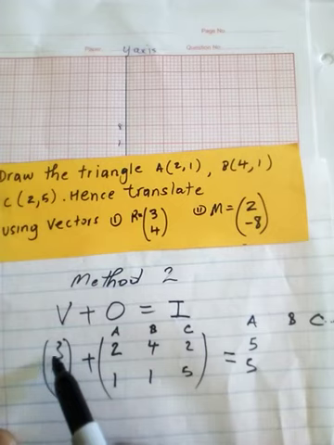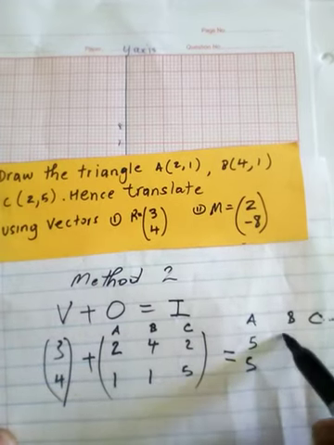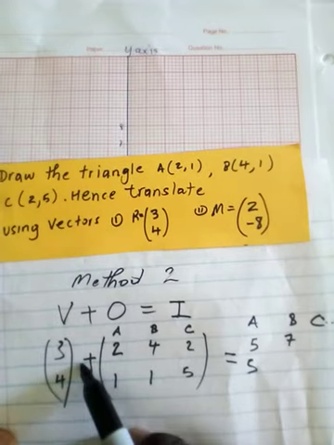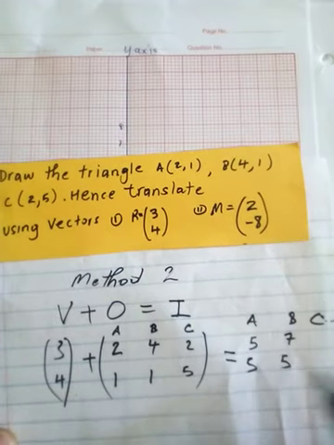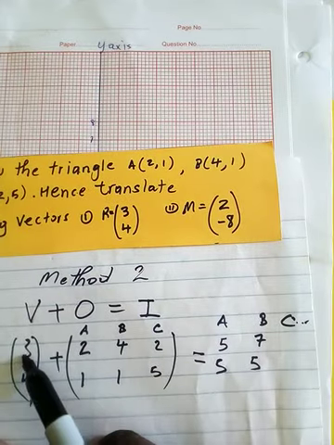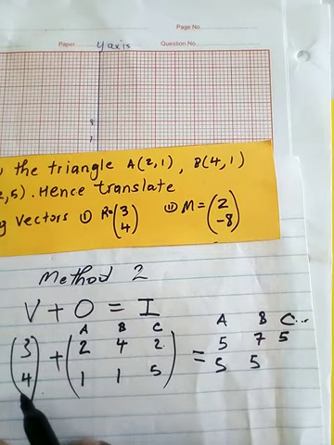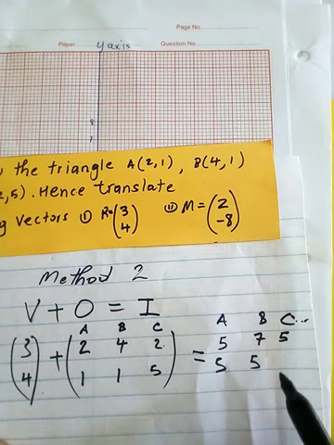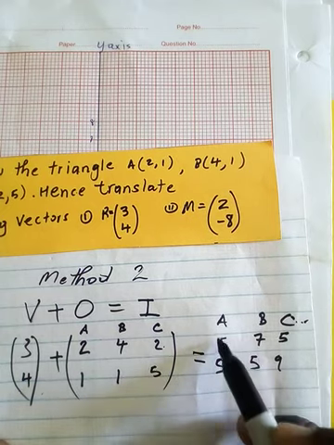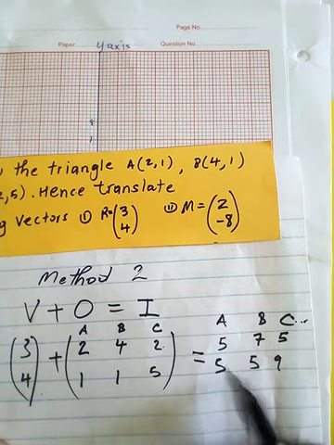For B, vector plus the object: 3 plus 4 is 7, and 4 plus 3 is 7. Moving on to C, adding the vector plus the object: 3 plus 2 is 5, and 4 plus 5 is 9. So now we have our new coordinates, which is our image.